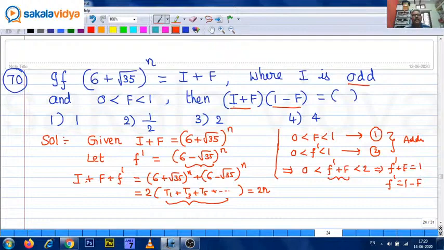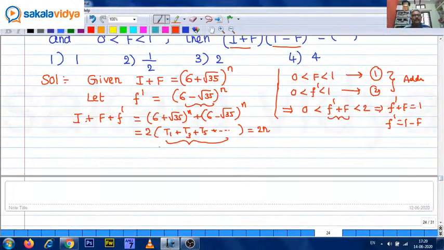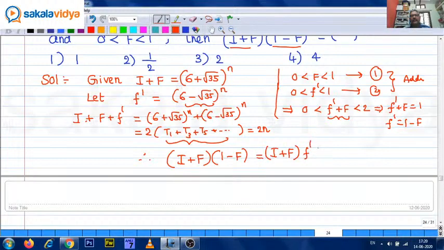Now we need to find I plus f multiplied by 1 minus f, which is nothing but I plus f multiplied by f dash. I plus f is (6 plus root 35) to the power of n, multiplied by f dash, (6 minus root 35) to the power of n. This is (a plus b) into (a minus b).